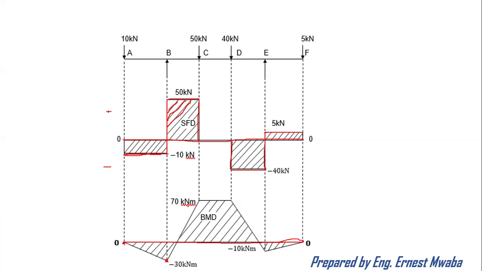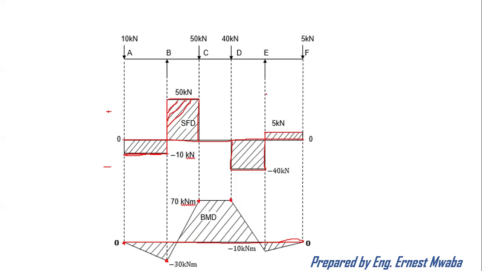Next, point C, I had 70 kilonewton meters. So I measure out, this is my 30, meaning my 70 moving up there should be at least double this. So I measure out, this is my 70 here. Repeat the same for point D. Point D, I also had 70 kilonewton meters, so I just put a dotted line there.